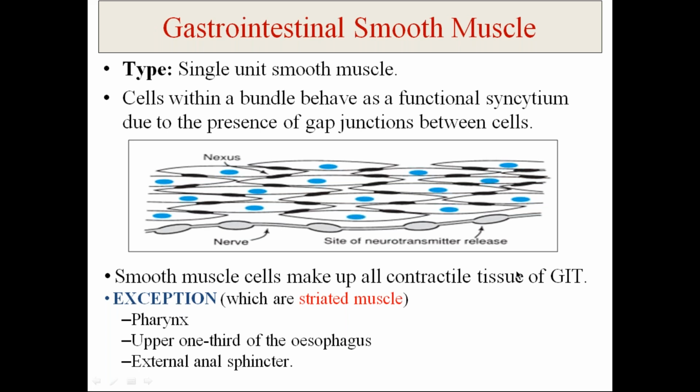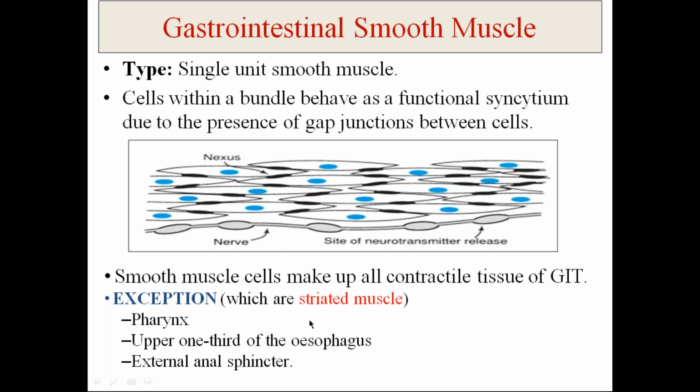Smooth muscles make up all the contractile tissue of the GIT except where you have the presence of skeletal muscle, which is the pharynx, upper one-third of esophagus and external anal sphincter, right? So you can get an MCQ which could be based on this.